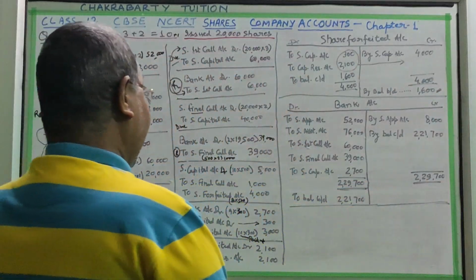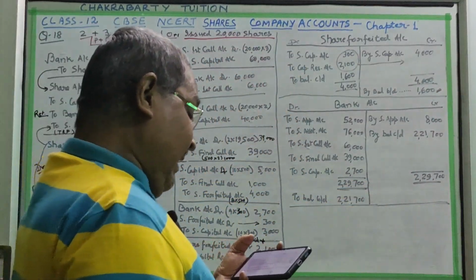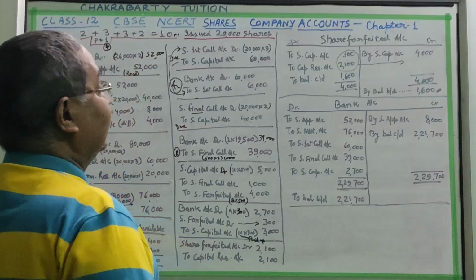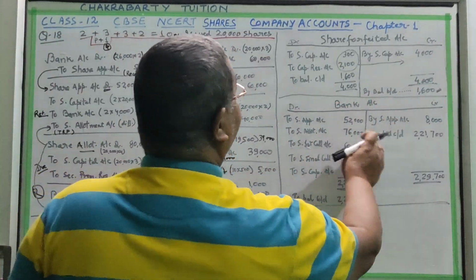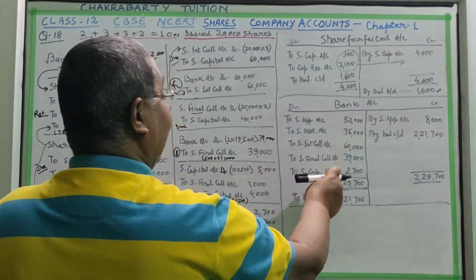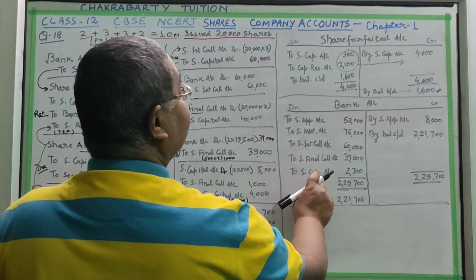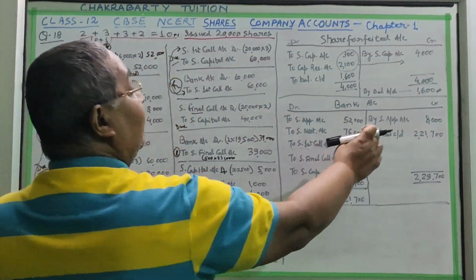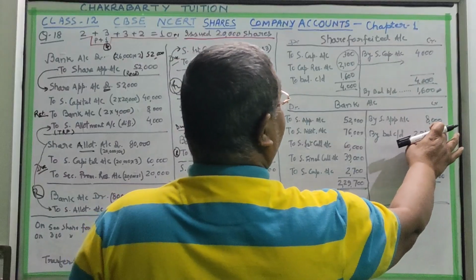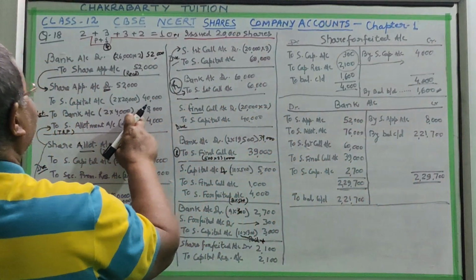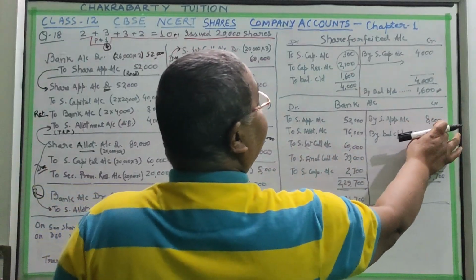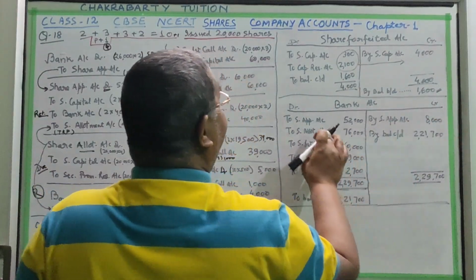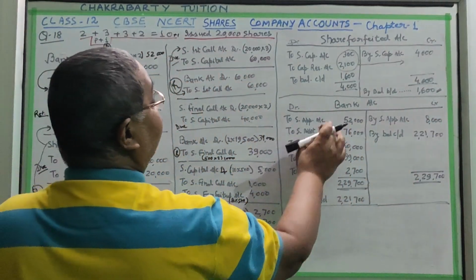Now they ask you to prepare the balance sheet also. So to prepare the balance sheet, you have to find out the bank account also. In the bank account, whatever money is returned is written on this side. Here only 8,000 rupees we have returned. That's why by share application we will write 8,000. This is the return value. And here whatever amount is received, we will write here.